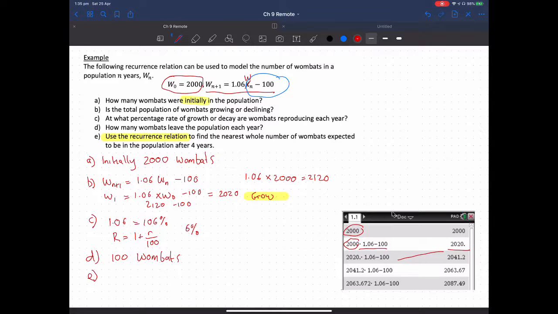That's what appears when I press enter again, and there's my answer, and repeat the process. Now notice I get to 2087.49. You've got to go to the nearest whole number. The nearest whole number then is 2087 wombats.